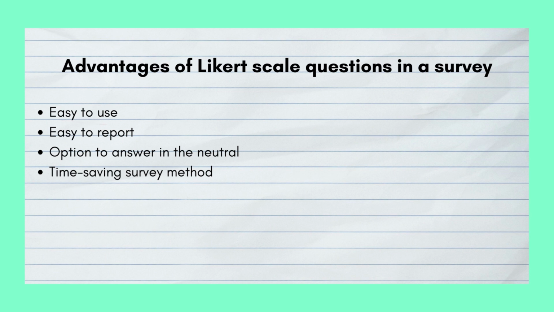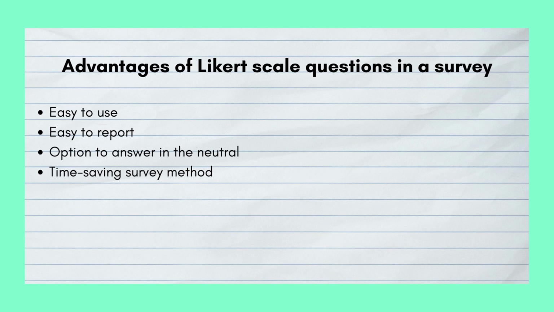The advantages of Likert scale questions in a survey: easy to use. A Likert scale survey is a universal method of collecting data or information, which means it is easy to understand and respond. Easy to report. When the survey creator works with quantitative data, it's easier to communicate the respondents' results.